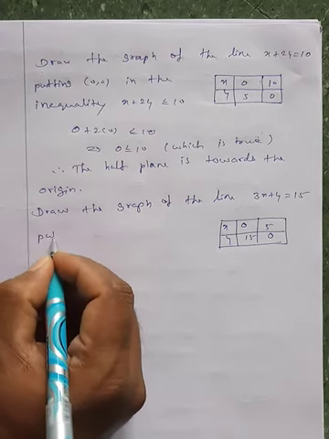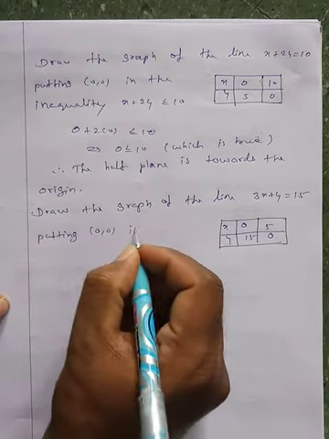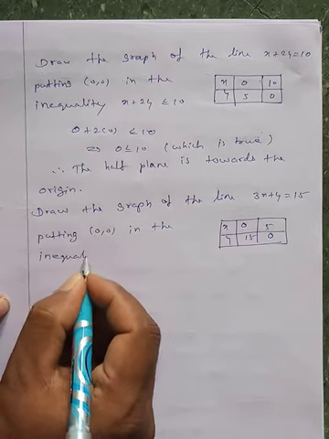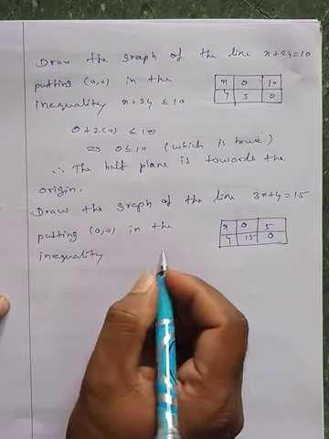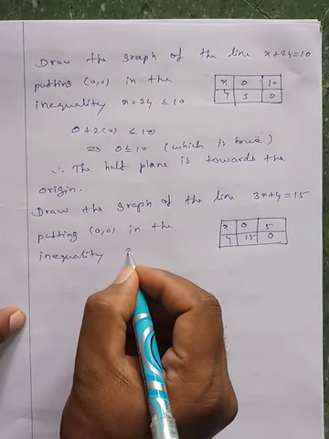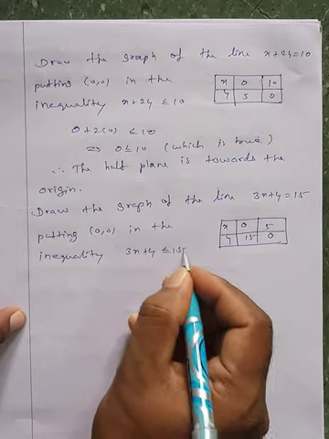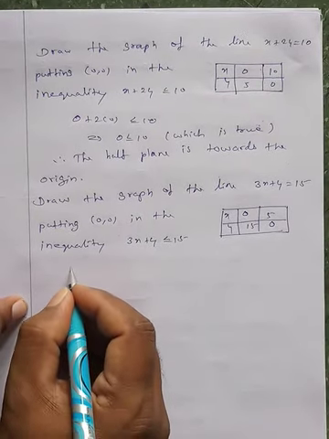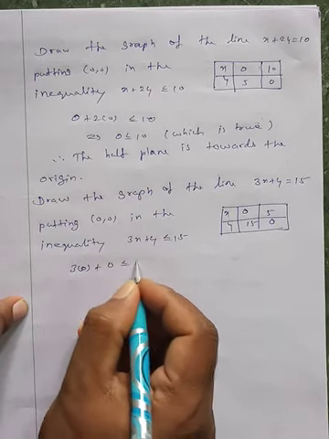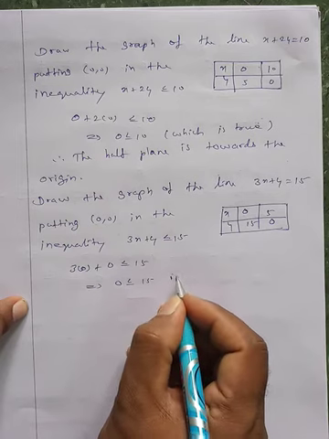Putting (0, 0) in the inequality 3x plus y less than or equal to 15, then 3 into 0 plus 0 less than or equal to 15, which implies 0 less than or equal to 15, which is true.